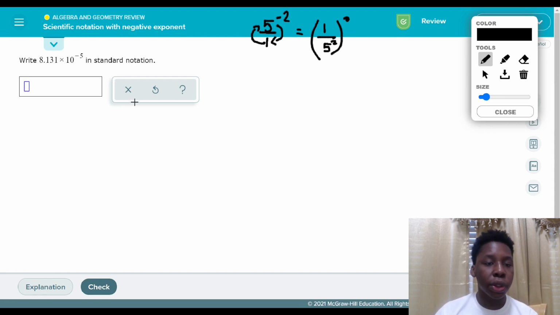Based on what I said here, this is 8.131 times this, since the exponent here is a negative. And this is 10, there's nothing at the bottom, there's no denominator, which is the bottom side of the fraction. This is basically just saying 8.131 times 1 over 10 to the power 5.